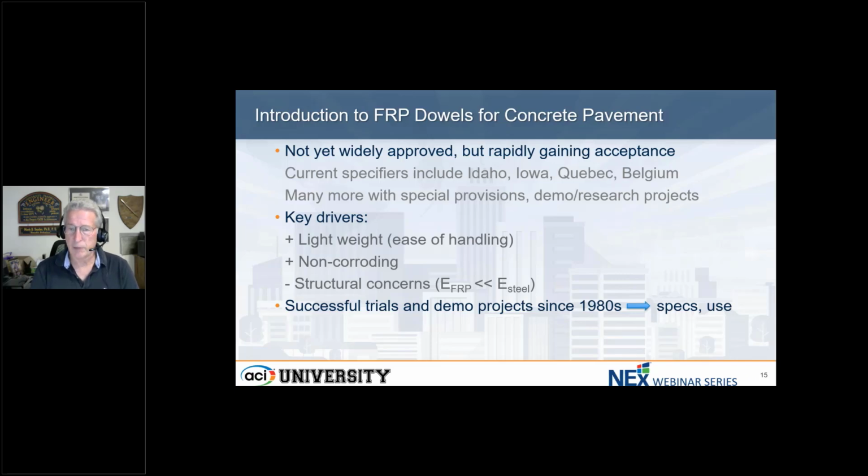So it's a different product, a different material, going to behave differently in the field. And there's questions about, well, how's that going to work in the long term? We're getting to the point where we're starting to have some long-term performance. There have been a number of successful trials and demonstration projects built since about 1983, and that has led to the development of the specifications that you see above. In fact, all those specs that I mentioned above, Idaho, Iowa, Quebec, Belgium, those are all within the last 5 years or so that they've developed standard specifications.